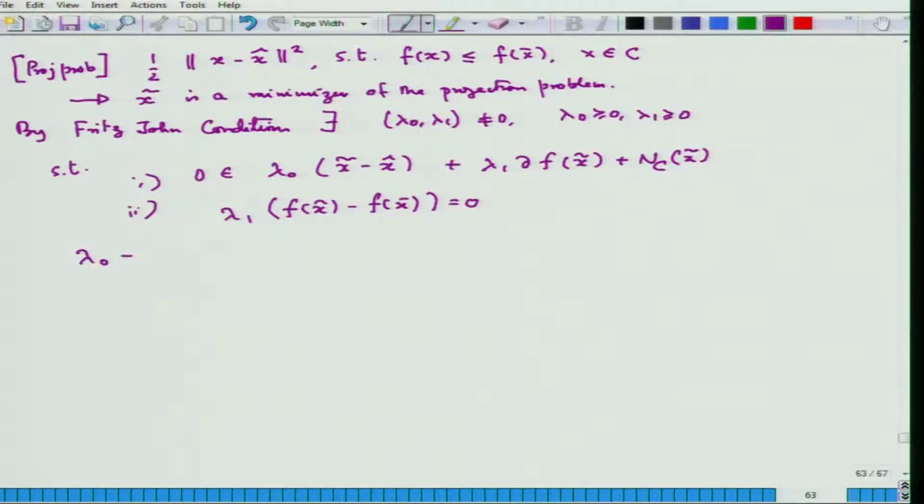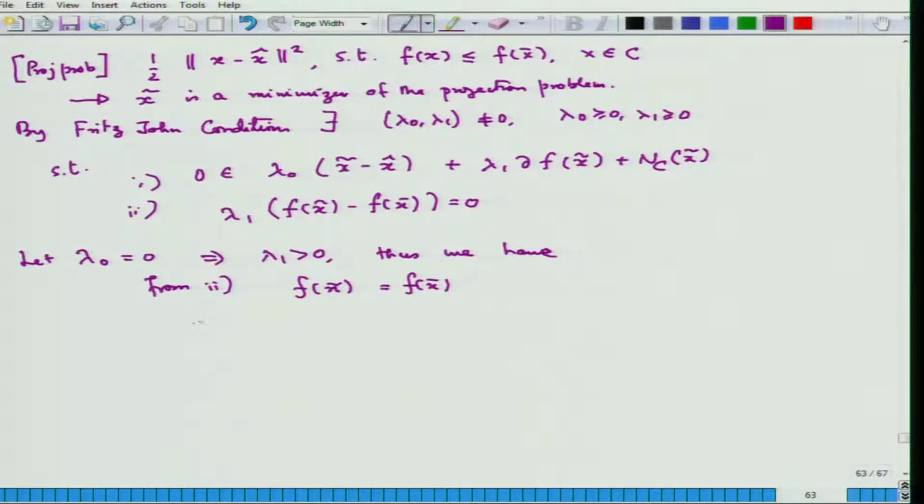Assume that lambda naught is equal to 0. This would imply that lambda 1 must be strictly bigger than 0. Thus, from the second expression, f x tilde must be equal to f x bar. Absolutely, it has to be like that, because lambda 1 is strictly bigger than 0, this cannot be strictly less than 0, right.